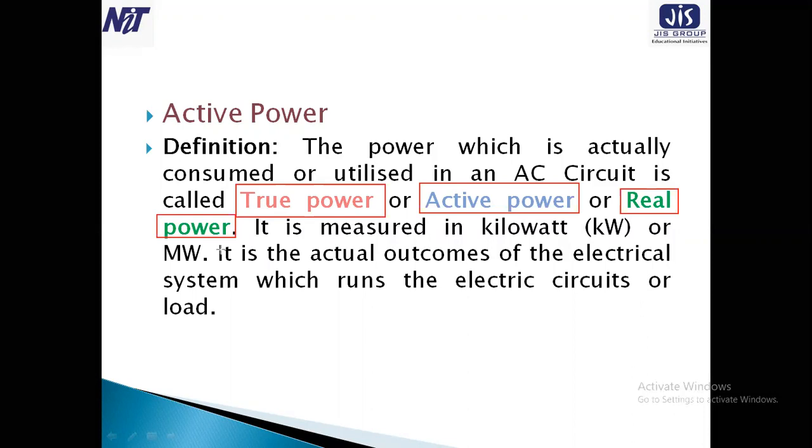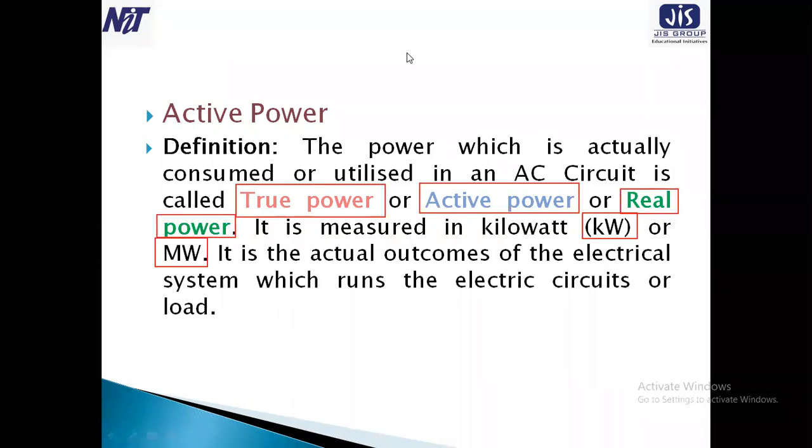How is it measured? You know that it is measured in kilowatt or sometimes megawatt. It is the actual output of electrical systems which runs the electric circuits or load. That means all the machines and everything in the electrical system are actually running with the help of this active power.